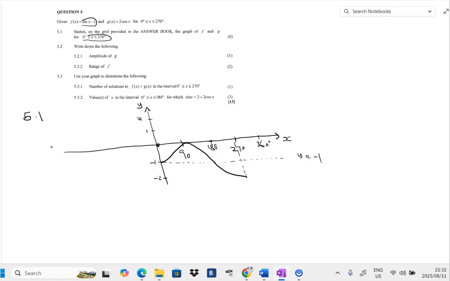So now we can also draw the function g of x, which is 2 cos x. So 2 cos x is going to start from here, right?